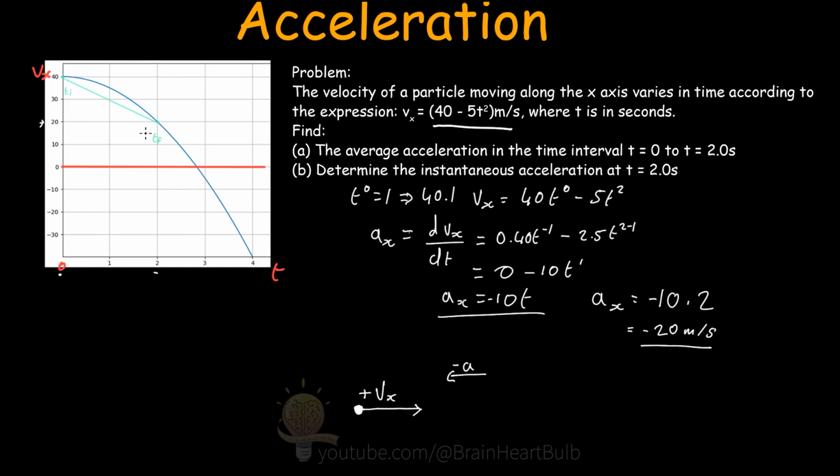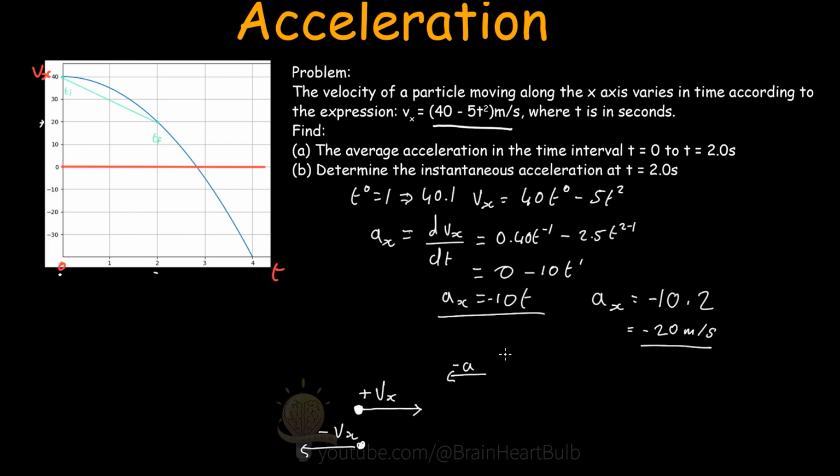As we move forward in time, the particle's speed reduces until we hit around 2.8 seconds, in which the particle's motion reverses because its velocity is negative.